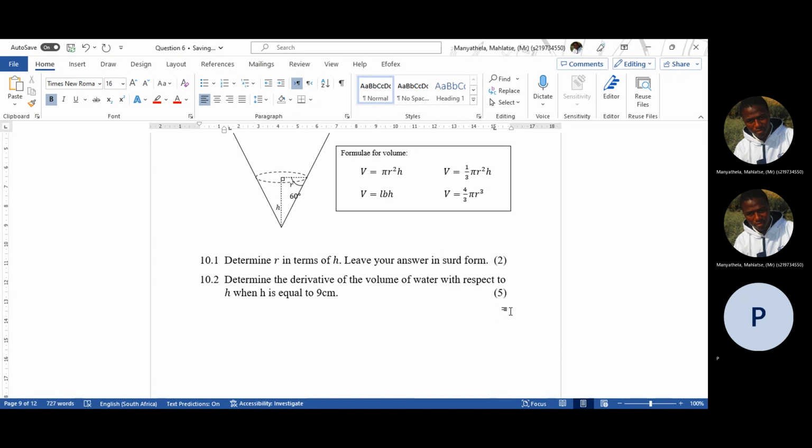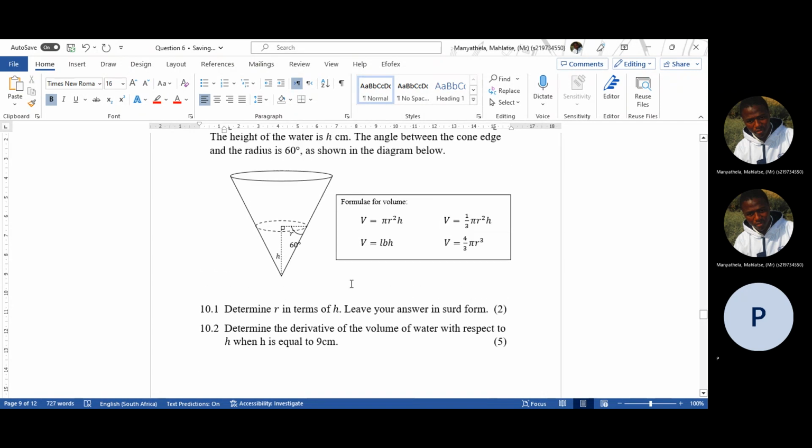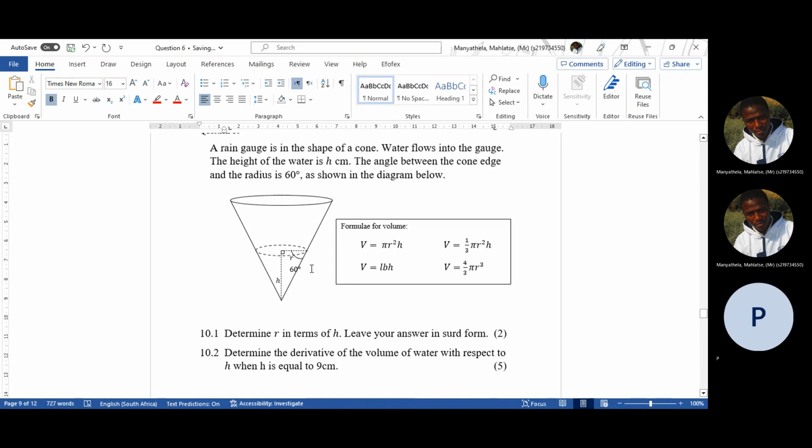When they say leave your answer in surd form, it means that your answer should contain a square root or a root sign. Okay. So if you can check this, it's a right angle triangle.